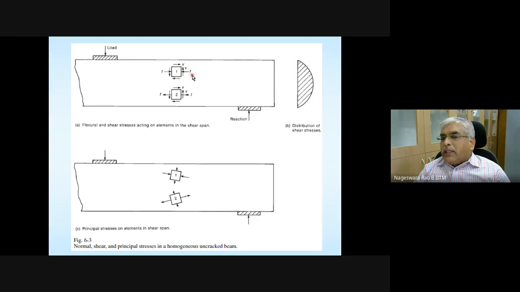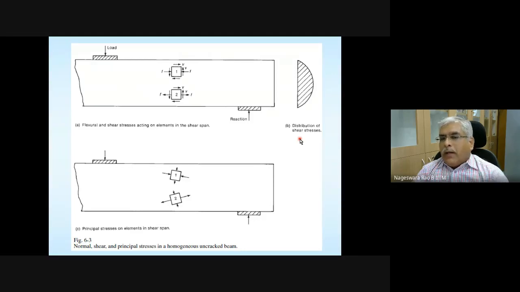And what about bending stress or normal stress? Normal stress is going to have a triangular distribution, similar to the stress distribution that we assumed when solving using the working stress method. So normal stress is going to have a triangular kind of distribution.